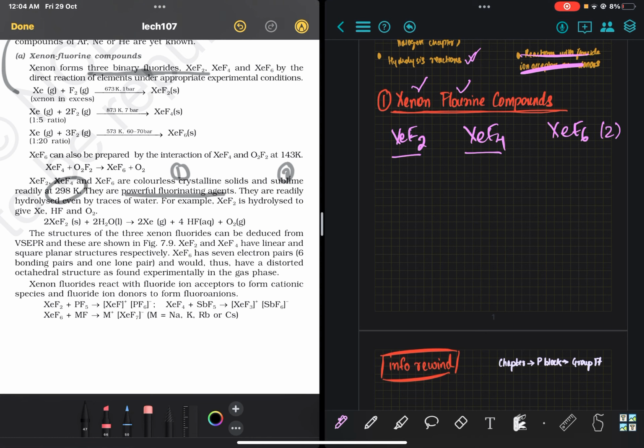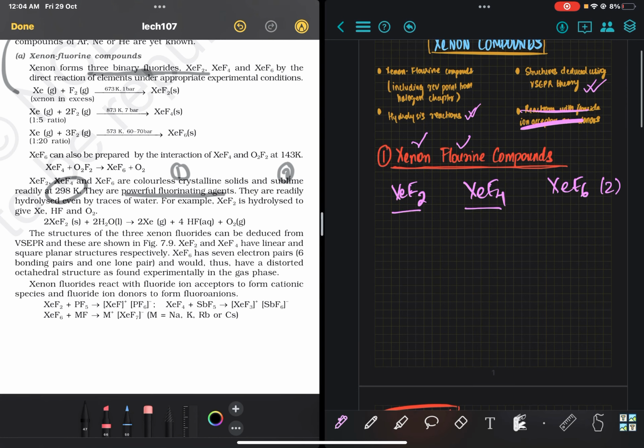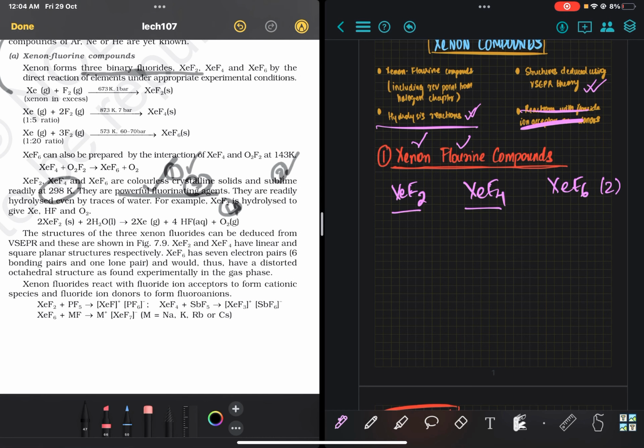And lastly and most importantly, they are readily hydrolyzed even by traces of water, so they very easily undergo hydrolysis reactions, which we'll discuss here. So in total 4 points are important to remember here: colorless crystalline solids, sublime readily, fluorinating agents, and hydrolyzed even by traces of water.